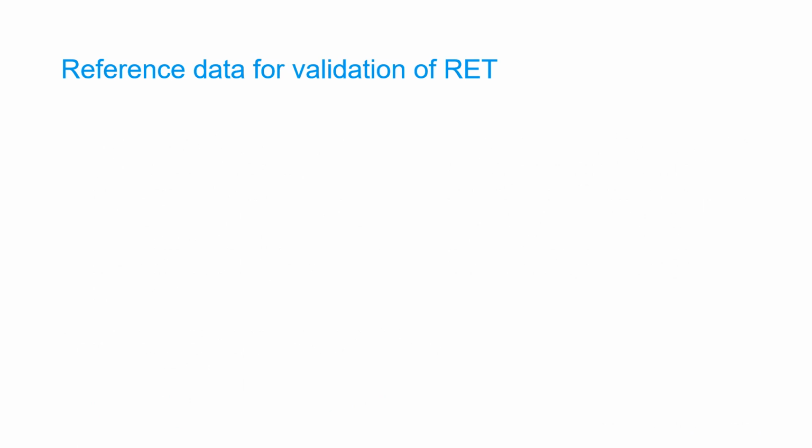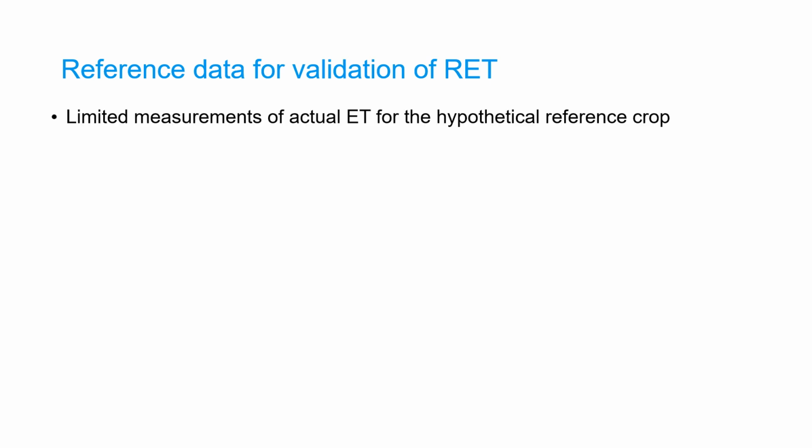Due to the definition of RET, there are limited observations that can be used as a reference for validation. We can only validate RET with the actual measurements of ET over a surface that has the same characteristics as the hypothetical reference crop.